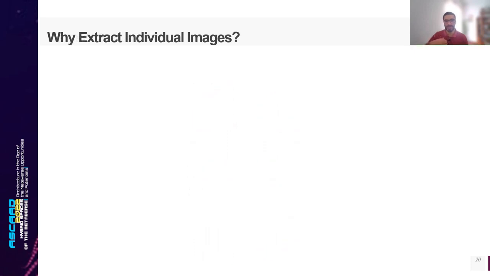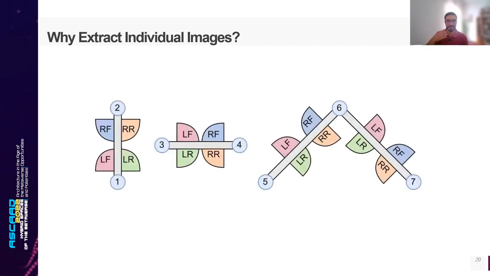Well, one thing we might have asked ourselves until now is, why are we extracting individual images, and could we not just put this information on the segmentation directly? And the truth is, when we're training a segmentation network, it's also common to rotate the image to artificially increase the amount of data available. So in normal orientation, we have this.